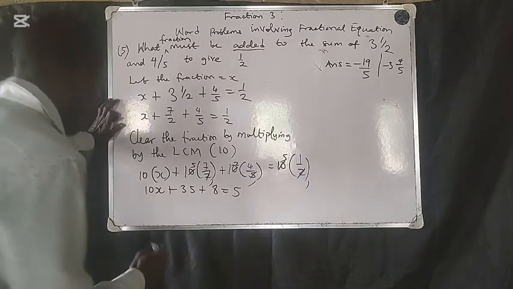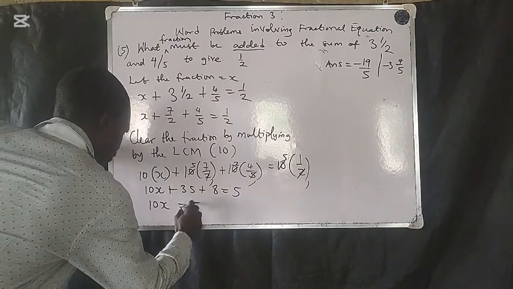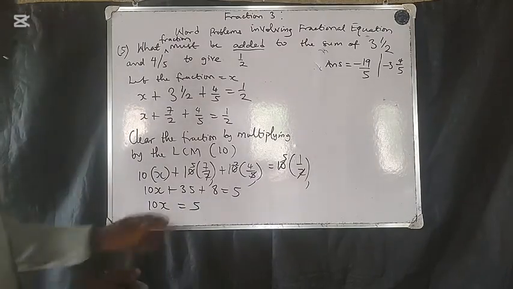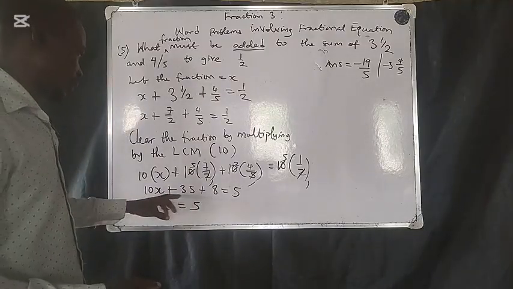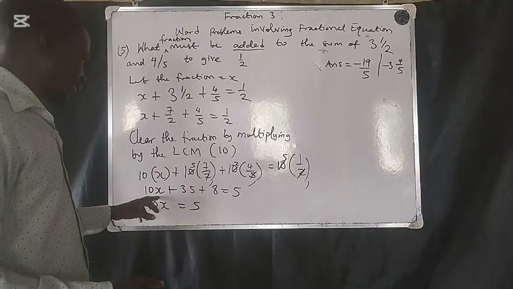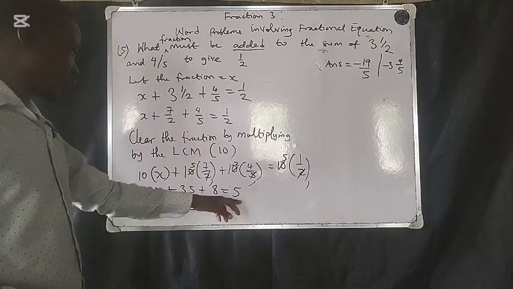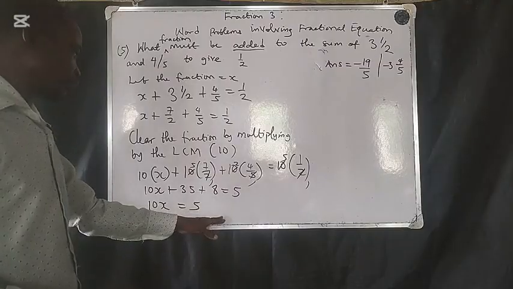So with this now, what do we have? We have 10x here, then we have 5 on this side. This 35 and 8 have no x attached to them, but this 10 has x attached to it. So all the terms without x are like terms, so we bring them together.